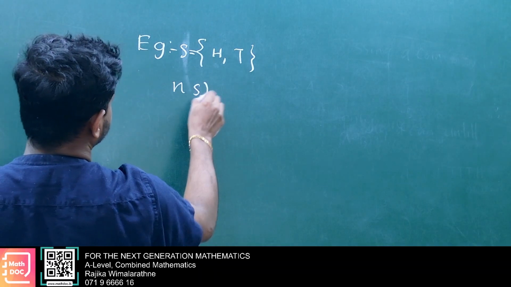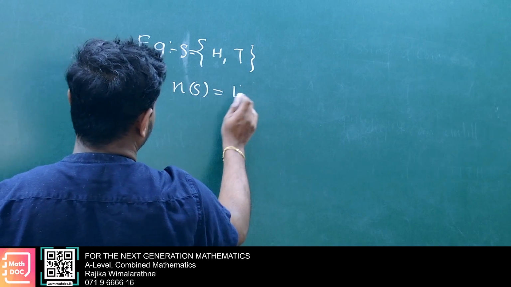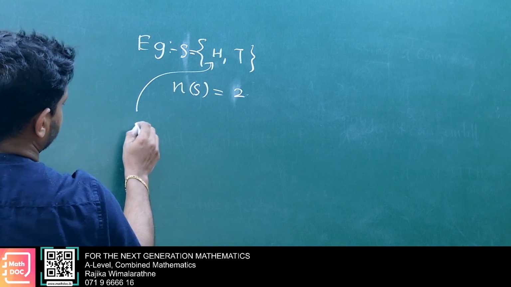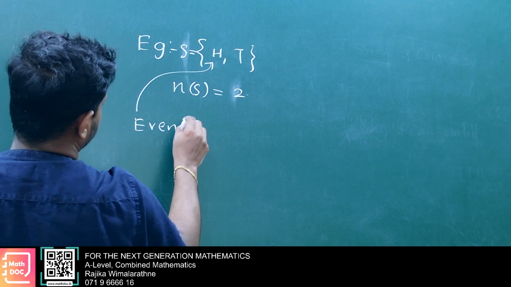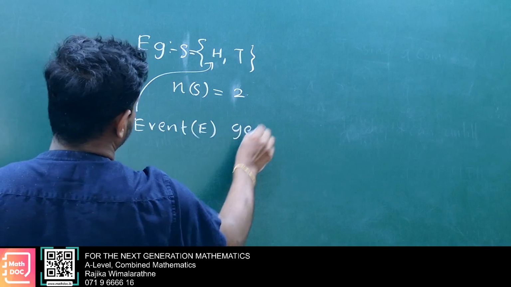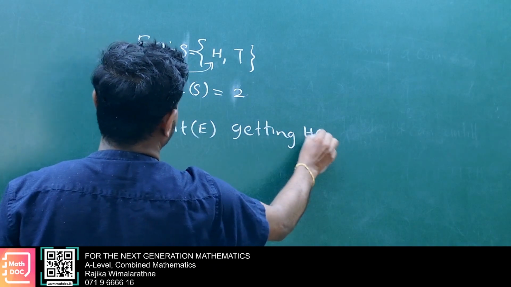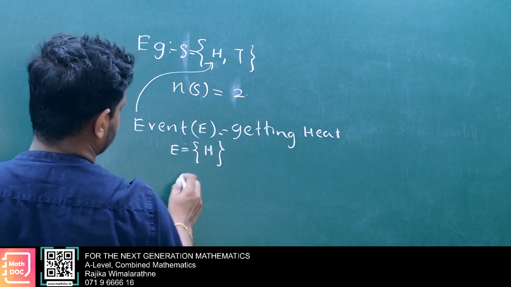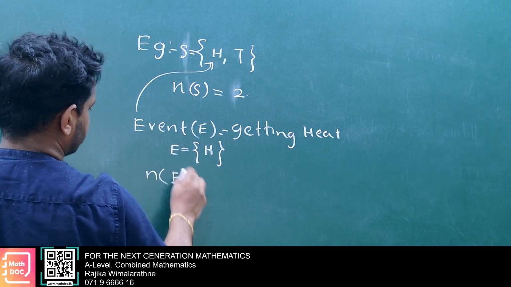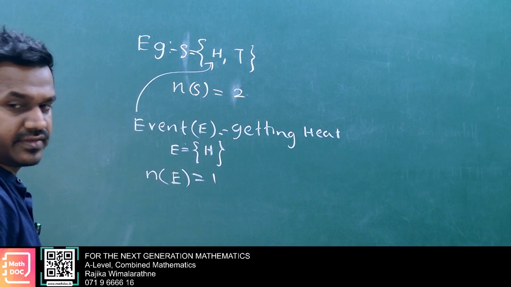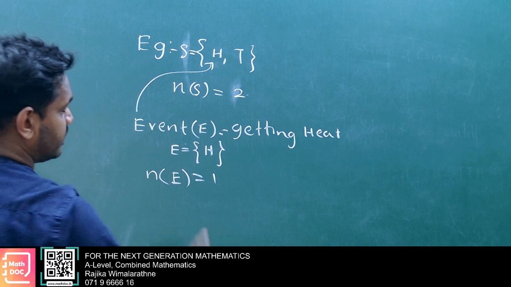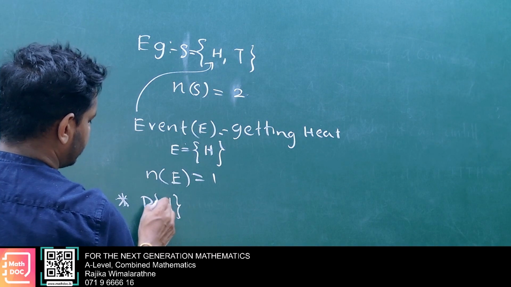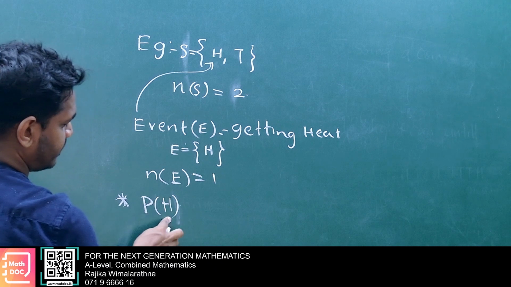Then when you consider n(S), that is 2, no? Then take event E, getting head. Then in event E we have H only. Then n(E) equals 1, no? n(E) equals 1. Then the first definition: probability of getting head, we denote by the notation P(H).